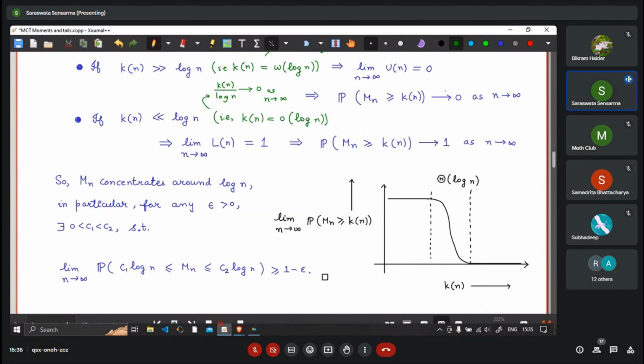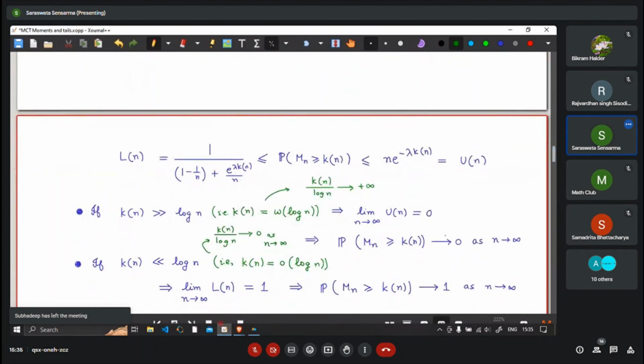And so if you look at this graph of increasing Kn and you just look at this limit, then it's 1 all the way here. And if Kn is much bigger in order, then it's 0. But if it's in the order of log n, both of these terms, un and ln, are finite, and this side is strictly positive, which means this has a non-trivial value.